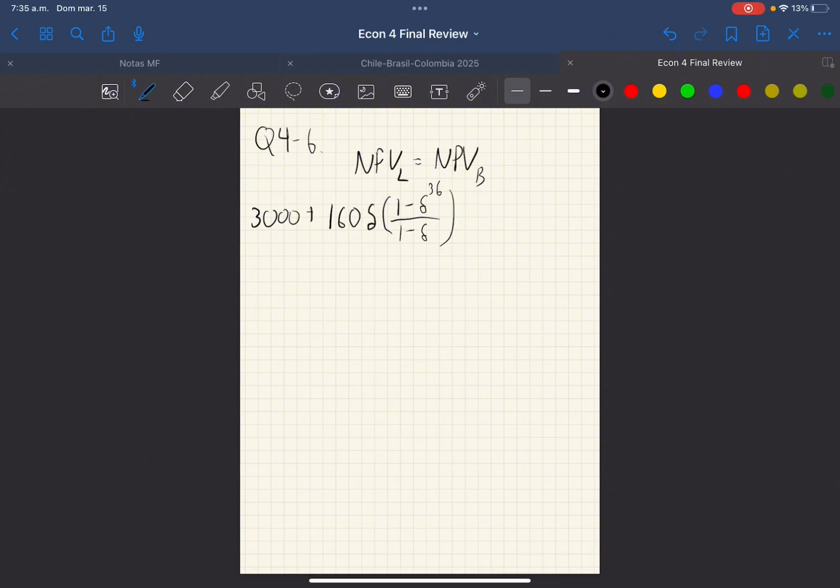This would show up there, where you can rewrite these payments with a sum to the t, and t is 36, and so you can rewrite things into this formula. So that's leasing. Buying is a little bit easier. It's 14,000 in period 0, and then in 36 periods, you're getting that payment of $6,000.